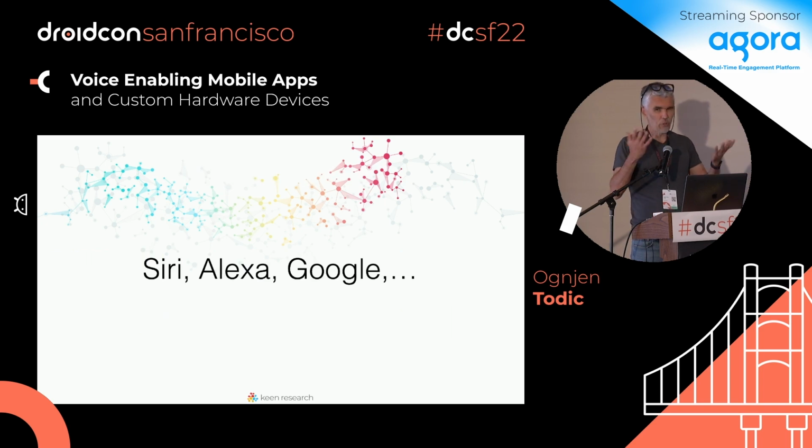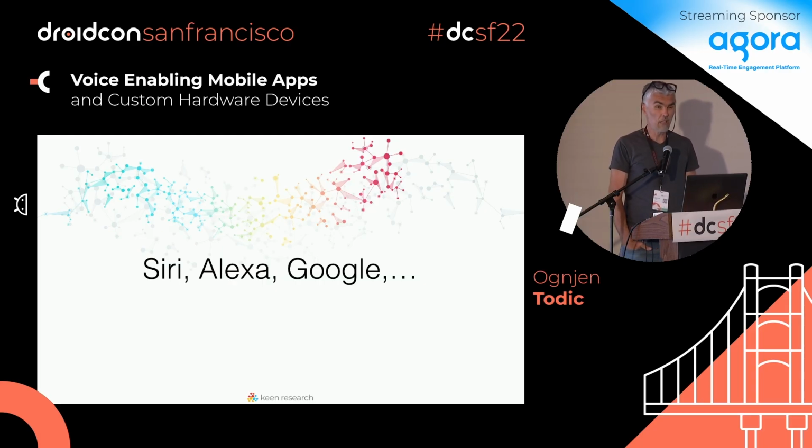I'm sure all of you know about Siri, Alexa, Google Home, or Now, whatever it's called these days, their assistant. These general-purpose virtual assistants are around us and have been for about 10 years now. Most people use them, and pretty much everybody knows about them.